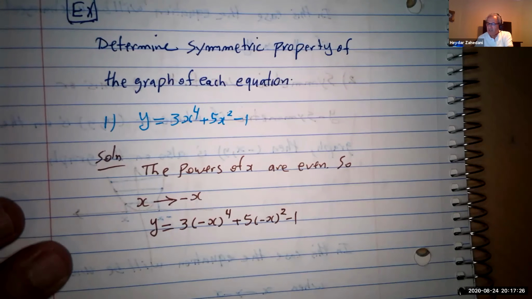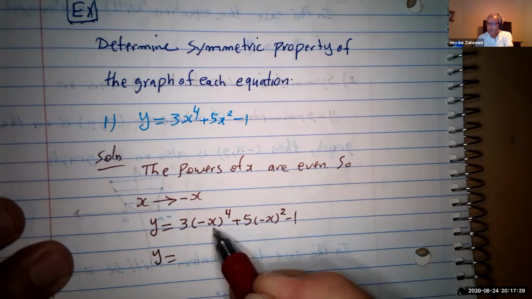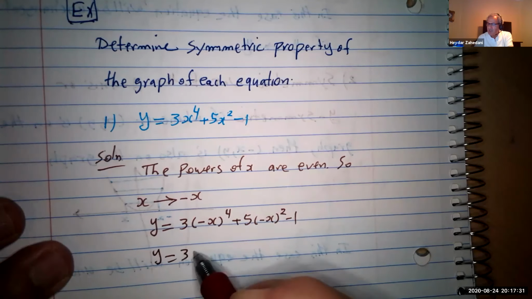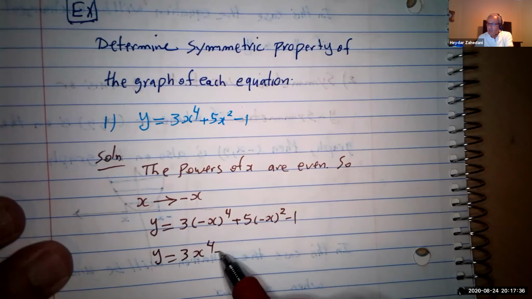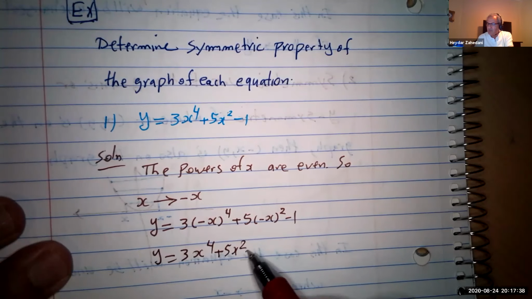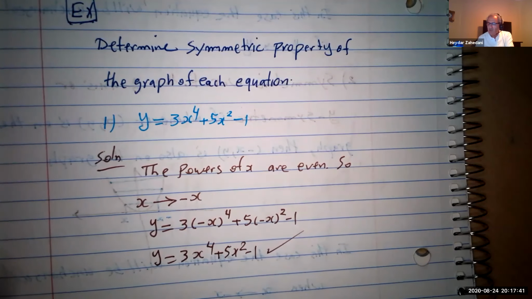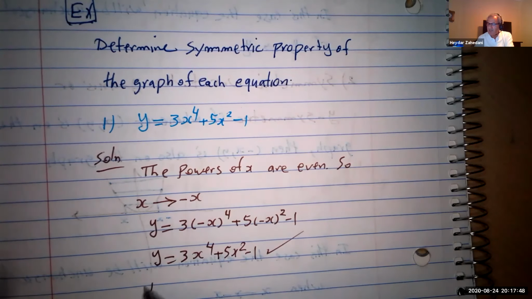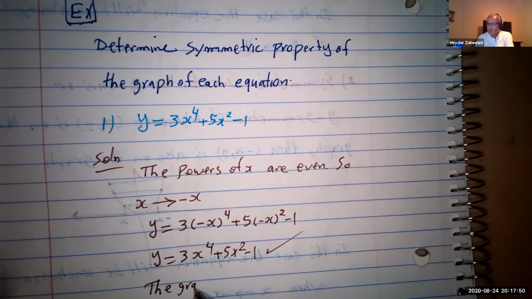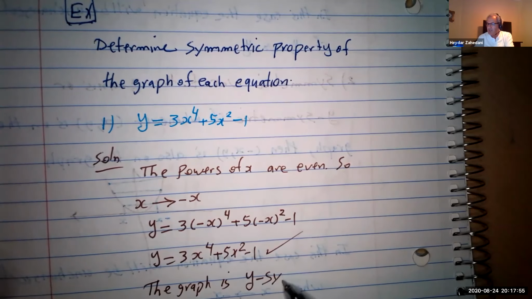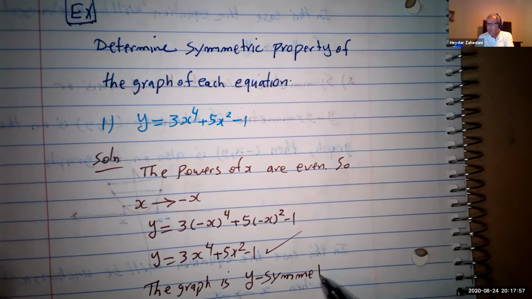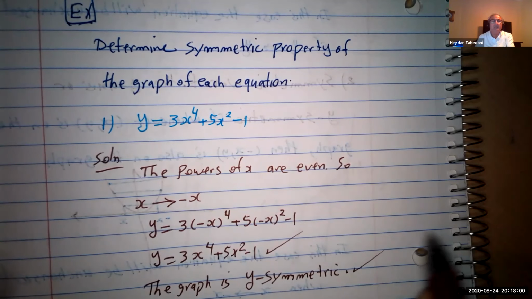Use parentheses. Negative x to the fourth is just x to the fourth, so 3x to the fourth; negative x squared is just x squared, plus 5x squared minus 1. You change x to negative x and arrive at the same equation. You go from right to left, so the graph is a mirror on the y-axis. The graph is y symmetric, and you're done.